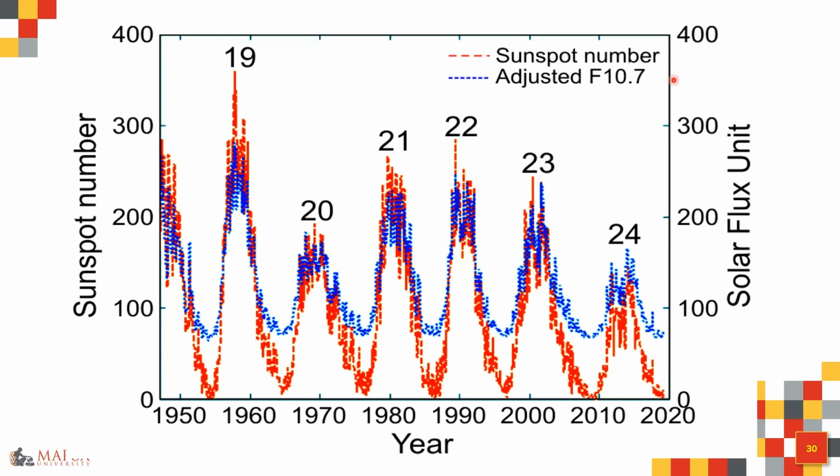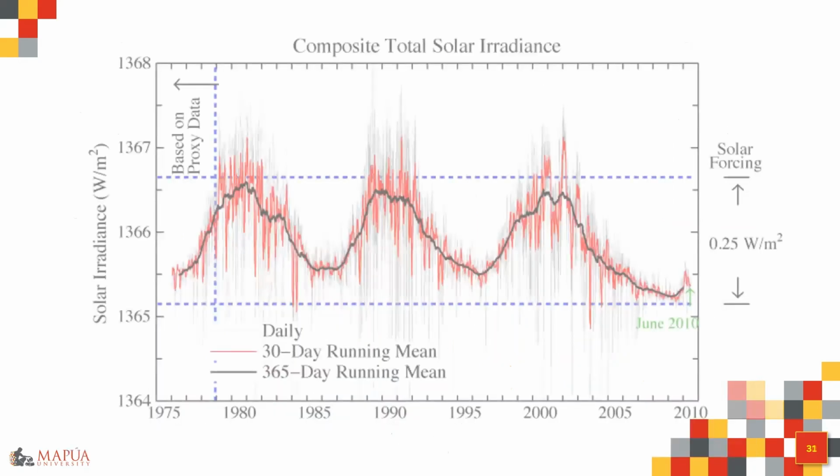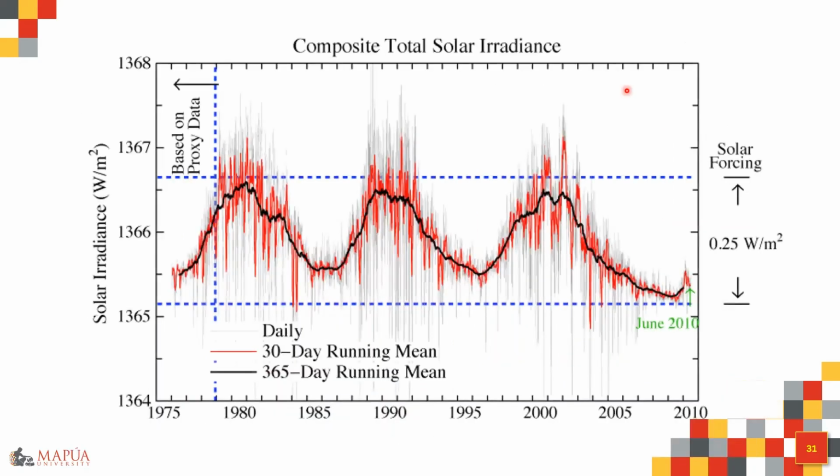This F10.7 is actually the radio wave spectrum. But the total solar irradiance, the amount of energy emitted by the surface of the sun, also follows the 11-year cycle, similar to your sunspot number.